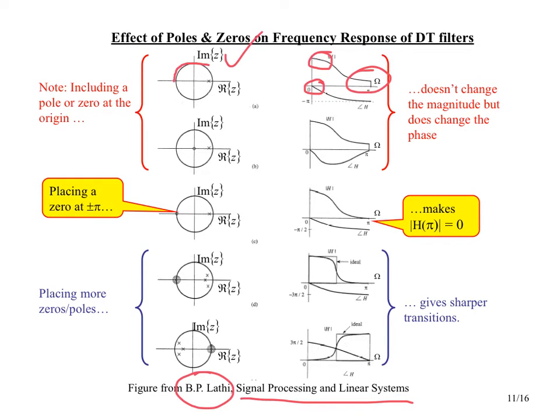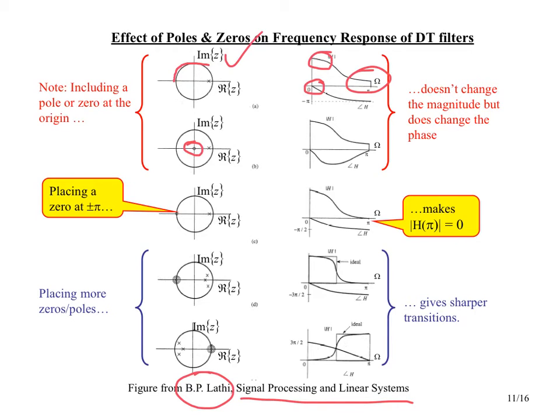So what happens if we put a 0 at the origin here? We can actually show that putting a pole or 0 at the origin does nothing to change the magnitude. And you should be able to convince yourself of that. Take an H of z, multiply it by a z, so now you have z times H of z.